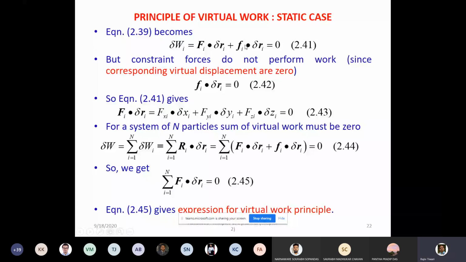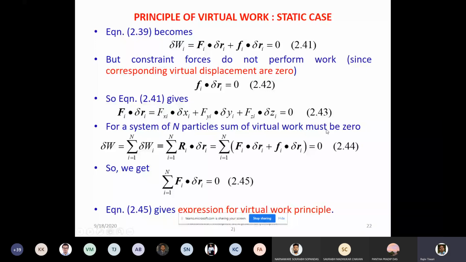And in the XYZ coordinates, we are able to expand this like this. So this is for one particle, the equation for one particle among n particles. If we have n such particles, the virtual work done must be 0 for each individual particle.